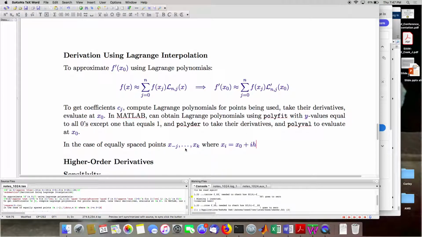In other words, I have x minus jh over here, x plus kh over here, and every point in between at spacing h.